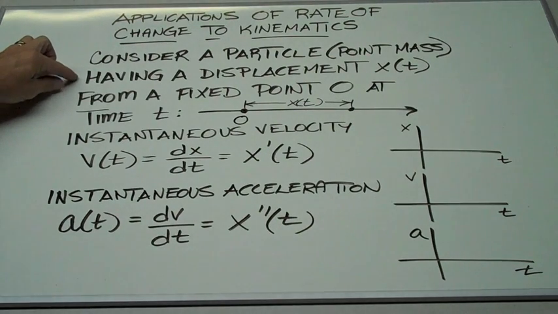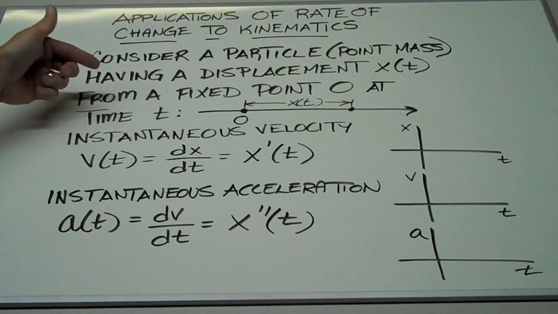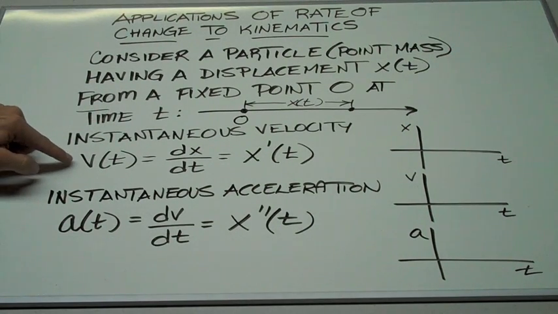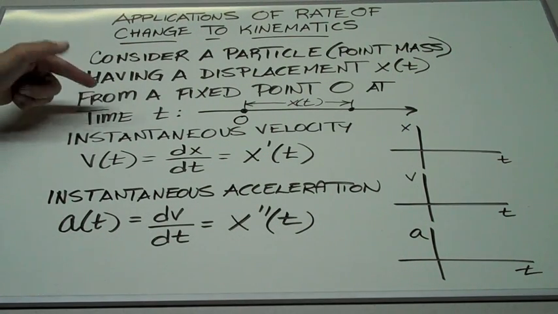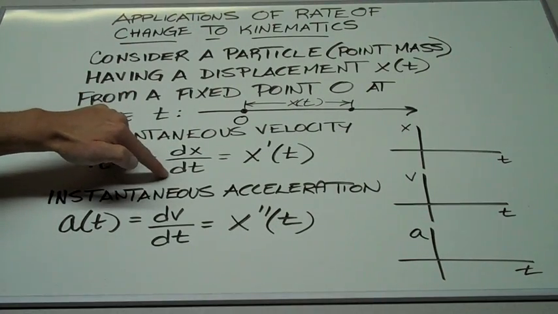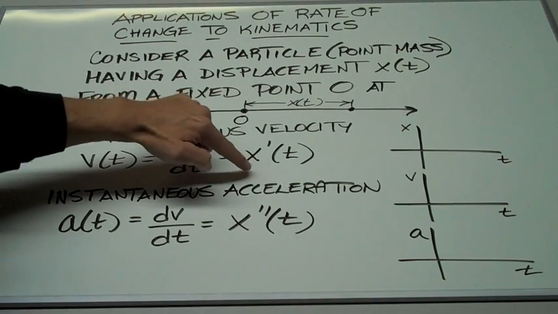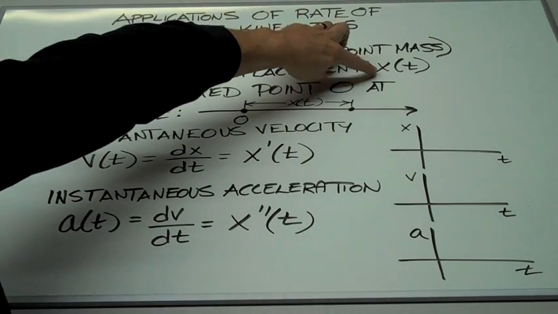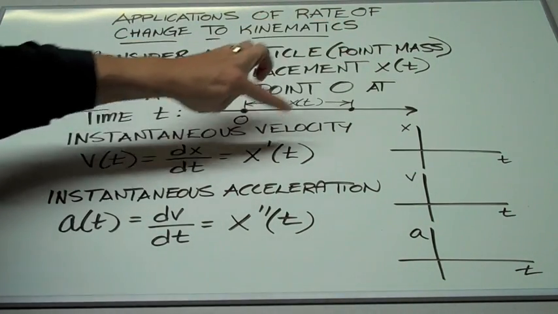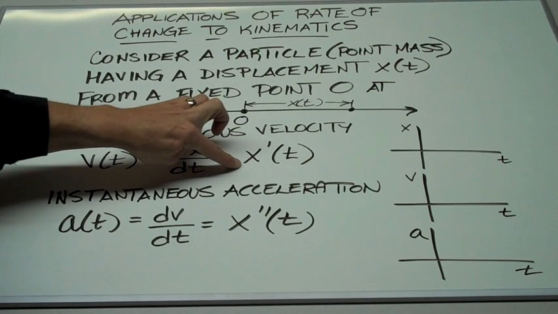Well, if our displacement is x of t from a fixed point O, then instantaneous velocity is going to be the first derivative of displacement. V of t is dx dt, change in position relative to change in time, which can be seen as the first derivative of our original displacement function. Here's our original displacement function, x of t. Here's our velocity, x dash of t.